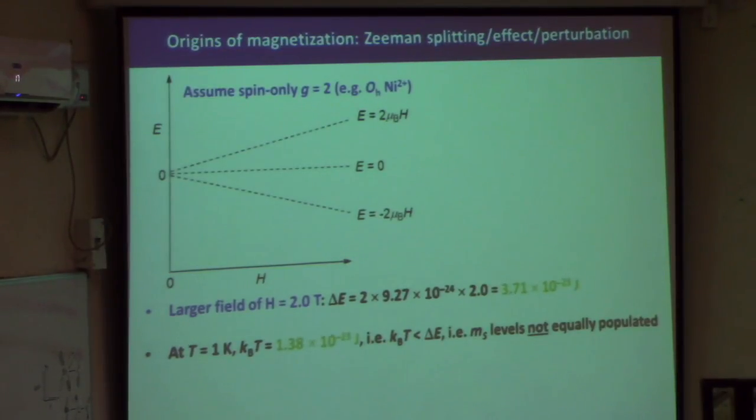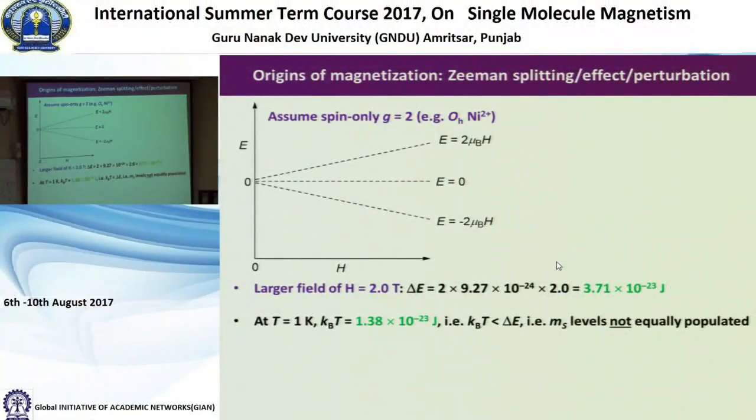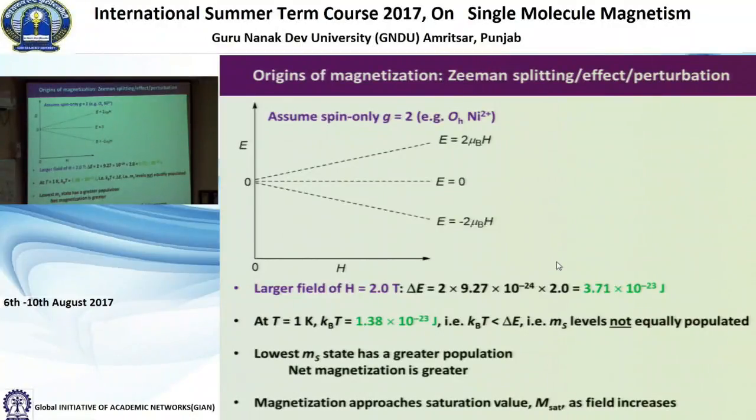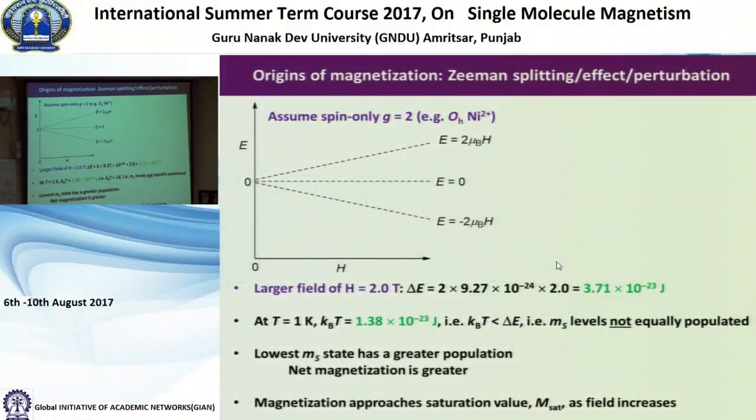And in fact, when the field is sufficiently large, these MS levels are not equally populated. What we start to see is a distribution. Indeed, the distribution will be dominated by the lower energy term. That means the net magnetization in the system will now be bigger than it would be in a smaller field, which may seem obvious, but it may well be worth pointing out.